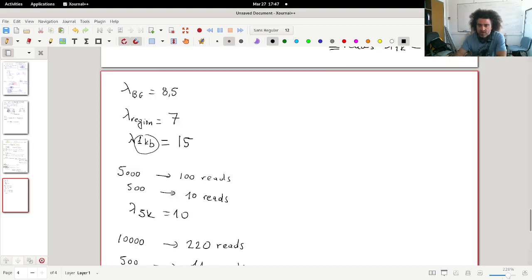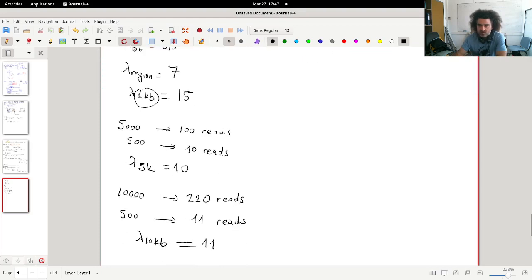Okay, now we have several lambda values. Let's write all of them somewhere. We have the lambda bg, which is 8.5. We have the lambda region, which is 7. We have the lambda 1kb, we just call it lambda 1, which is 15.